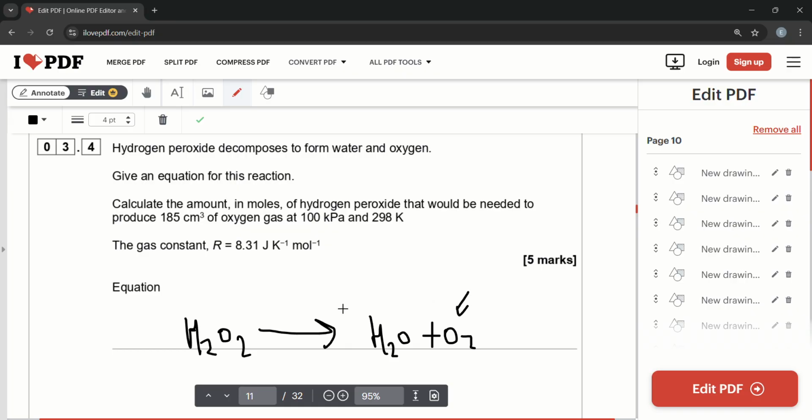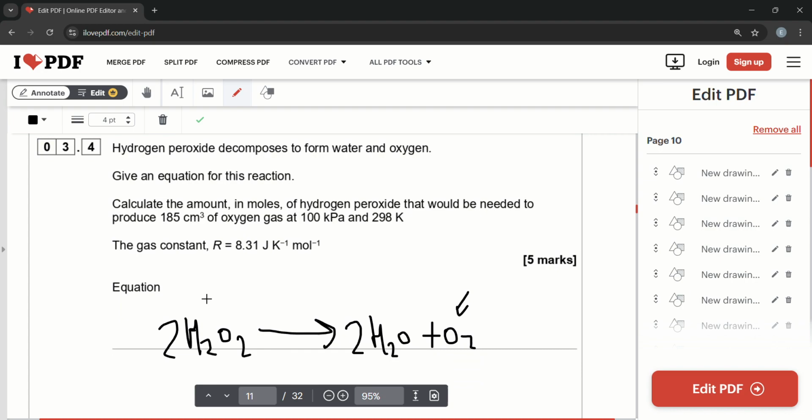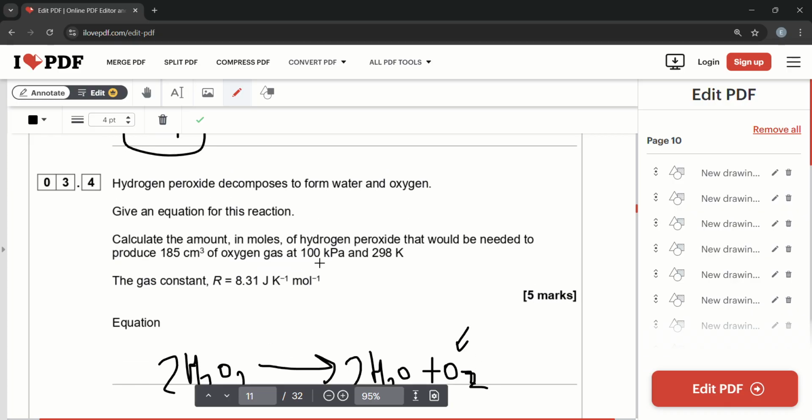So we need to balance out the oxygens, and the only way to do that is if we put 2 here, we get 4 oxygens, and then we put 2 here, we've got 4 hydrogens, 4 hydrogens, 4 oxygens, 4 oxygens. Okay, that is the hard part in my opinion. 2H2O2 → 2H2O + O2.